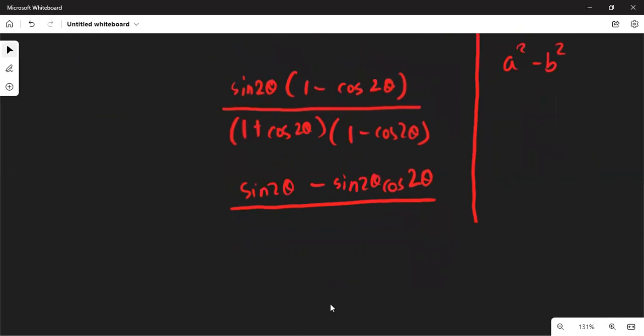A squared minus B squared means we square this one, and it will be 1 squared minus cos squared 2 theta. All right.